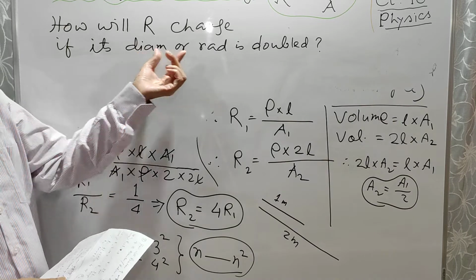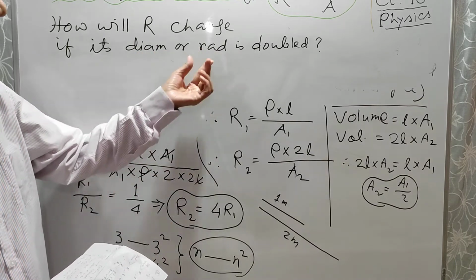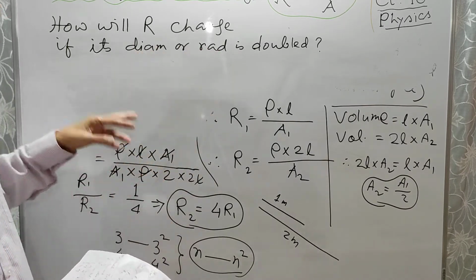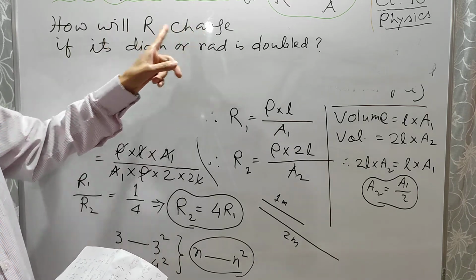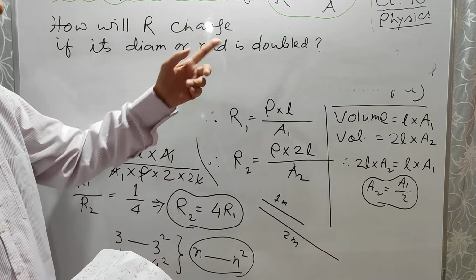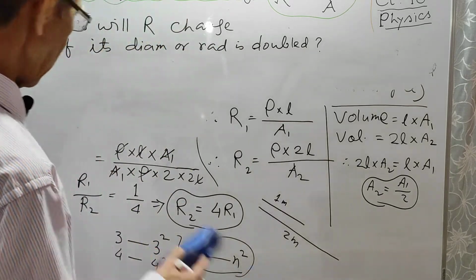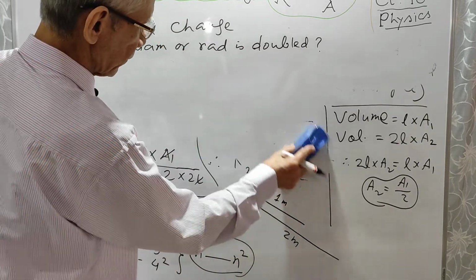If diameter is double, of course radius will be doubled. If radius is double, diameter will be doubled. So how will the resistance of a certain wire change if its diameter or radius is doubled? Now let us see this one.